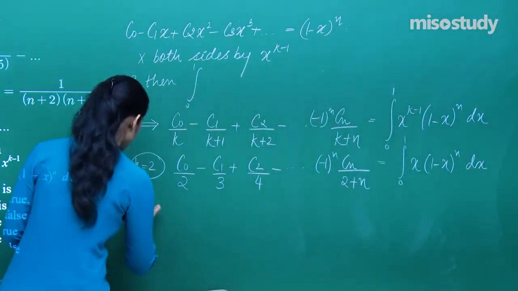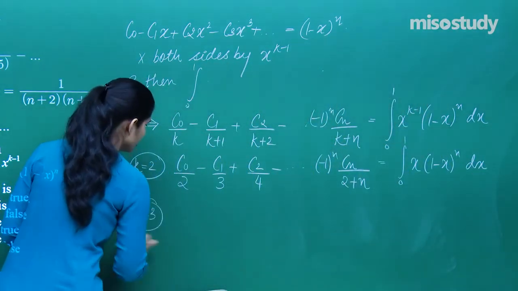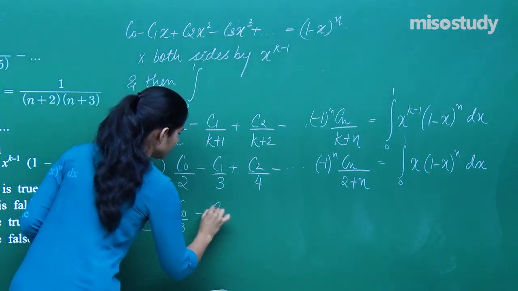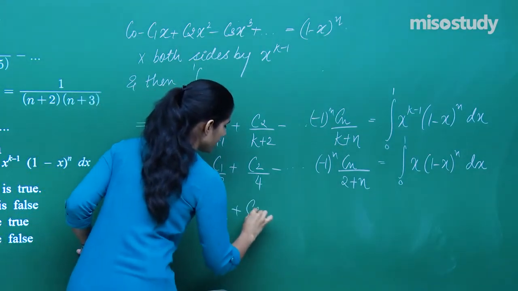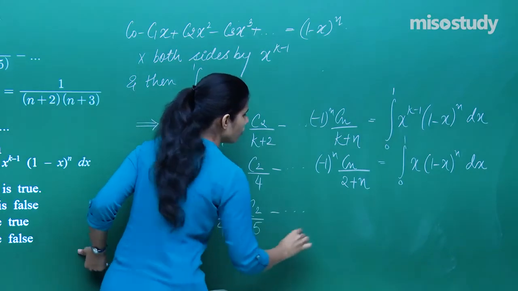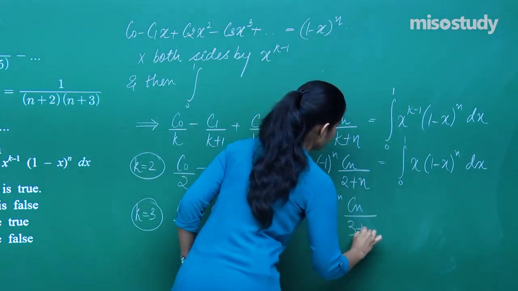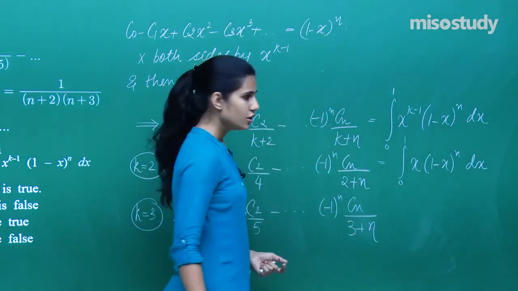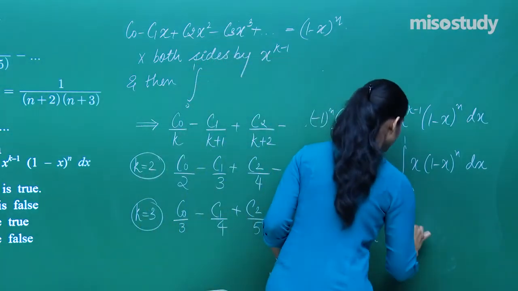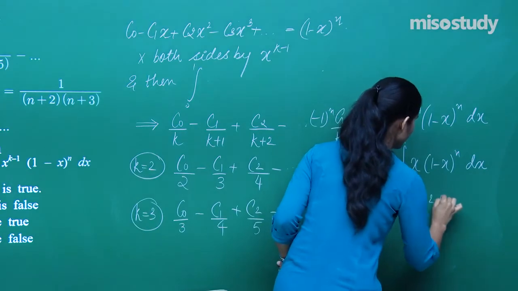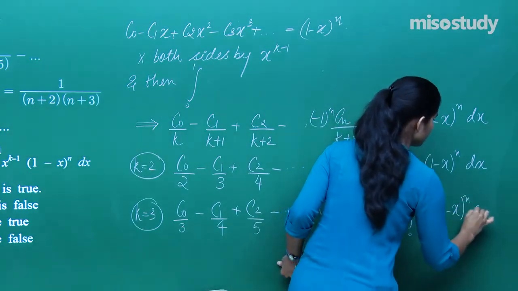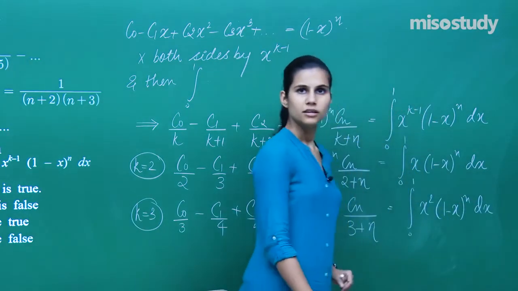Similarly, when you put k equals 3, you basically get C0 by 3 minus C1 by 4 plus C2 by 5 and so on minus 1 to the power n Cn upon 3 plus n. So when you put k equals 3, you get the integral from 0 to 1 of x square (1 minus x) to the power n dx. Fine.